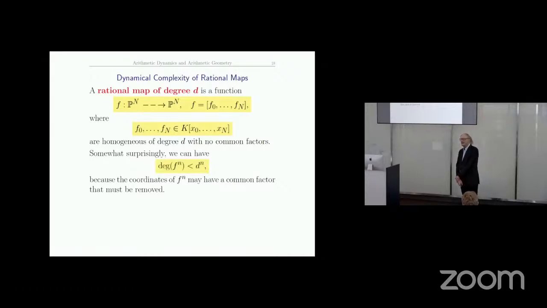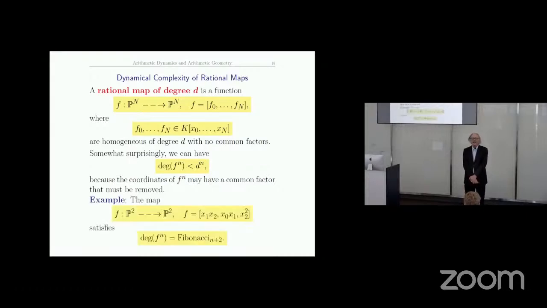But interestingly, if you iterate one of these maps, suddenly the polynomials you get in the iterates may have common factors that cancel out. So the degree of the nth iterate may actually be strictly smaller than what you'd expect, which is d to the n.